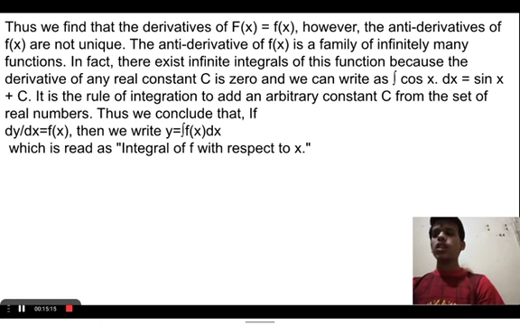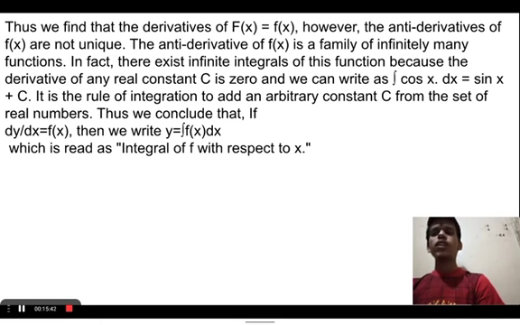In fact, there exist infinite integrals of the function because the derivative of any real constant c is 0. And we can write integration of cos x dx equals sin x plus c, because a constant, when we differentiate, we get 0. So while integrating, we have to assume some constant which we don't know.